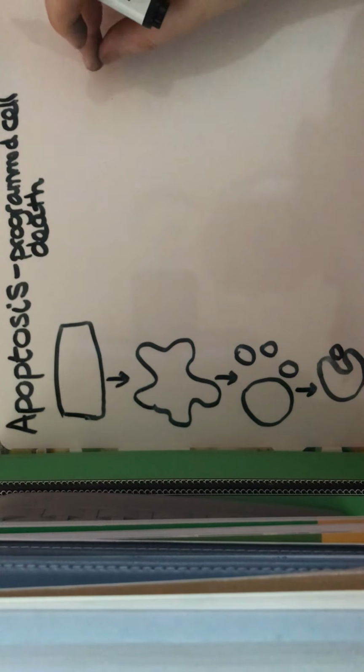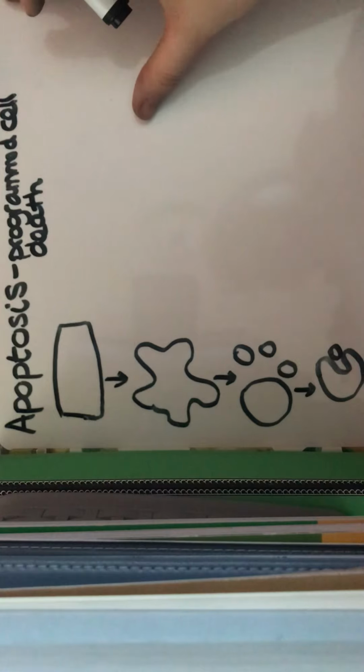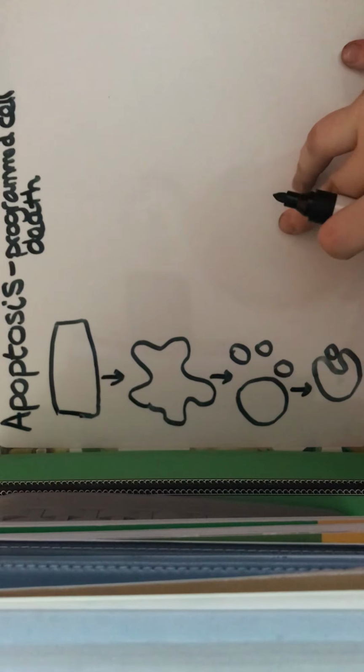Apoptosis is different from cell death due to trauma or necrosis. This is not random. Like I've said, it is organised and goes through a very specific series of events.